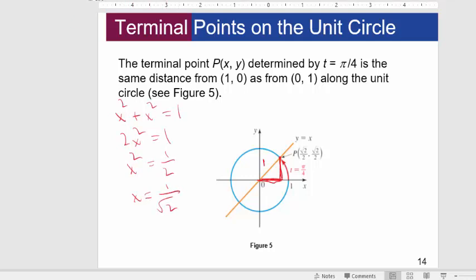But as we've seen a couple times already, if we rationalize, 1 over the square root of 2 becomes square root of 2 over 2. So what is this point here? This point is square root of 2 over 2, comma, square root of 2 over 2. And how do we know that x and y are equal? Because we knew it was a 45, 45, 90 right triangle that we were creating there. So that's how that works out.